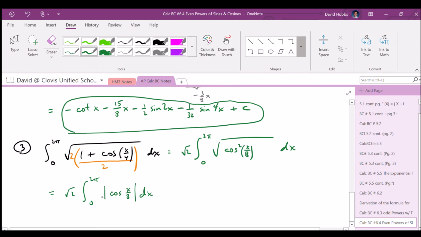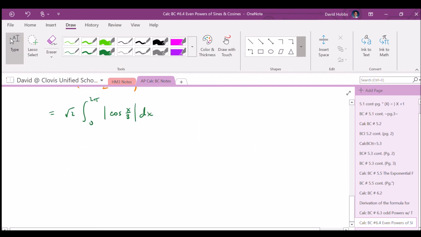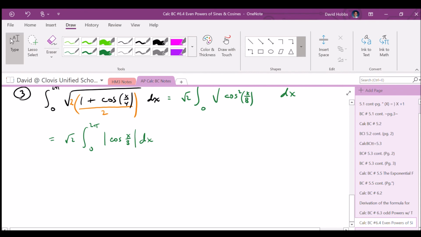Now, from 0 to 2 pi, what do I know about cosine of x over 8? Well, what is the length of the period? How do we calculate the length of the period for sine or cosine? The period length is 2 pi over b. So 2 pi over, now what's the coefficient of x here? It's 1/8. So 2 pi over 1/8, that's 16 pi.